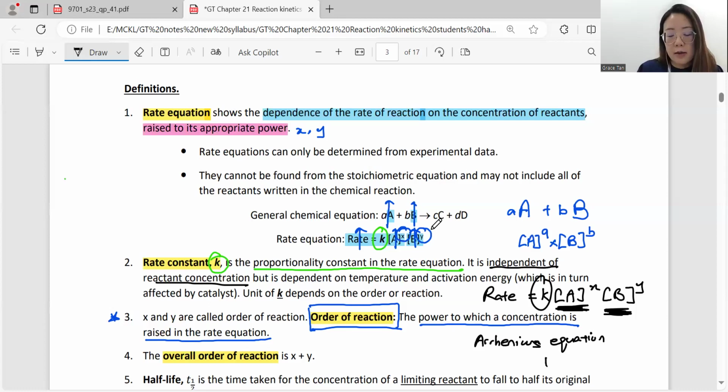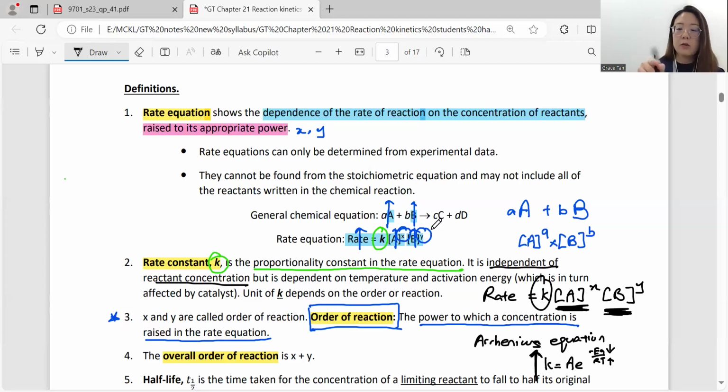So K equals A e to the power of minus Ea over RT. Please give me a moment, let me erase. Okay, yeah. So this formula, don't memorize this. This is called the Arrhenius equation, not in the syllabus. But what we can see here is if you want to get a high K mathematically, your temperature must be high and your activation energy should be low.